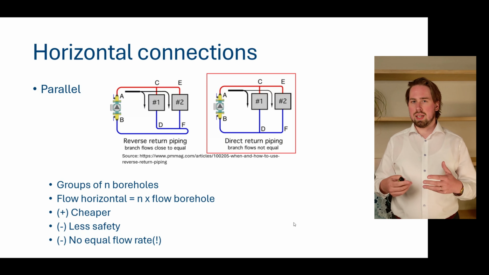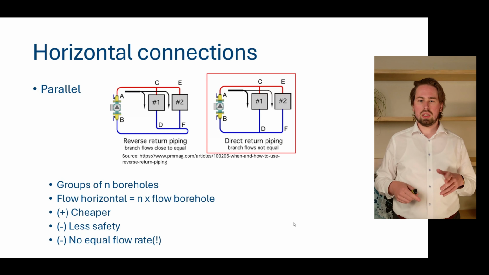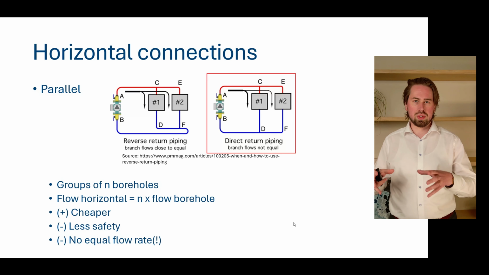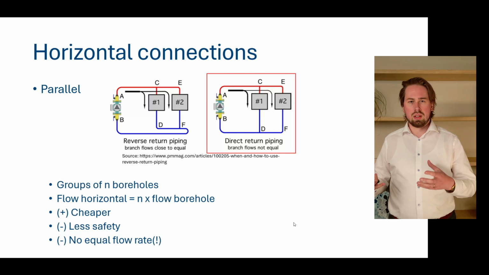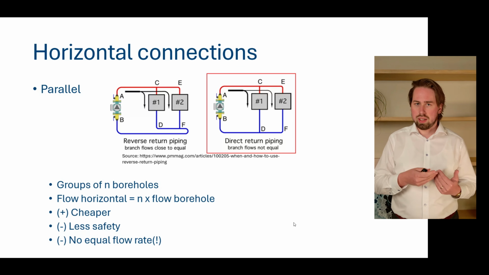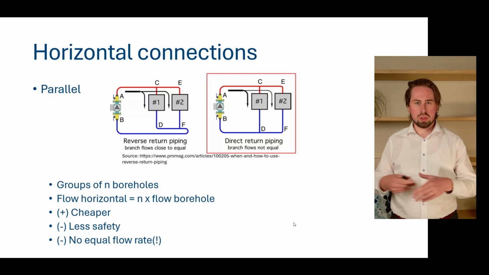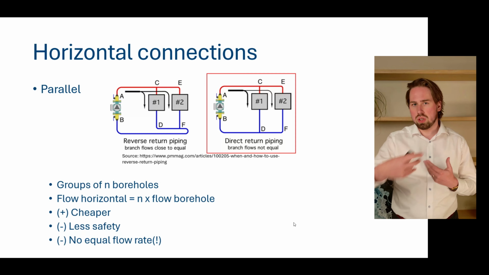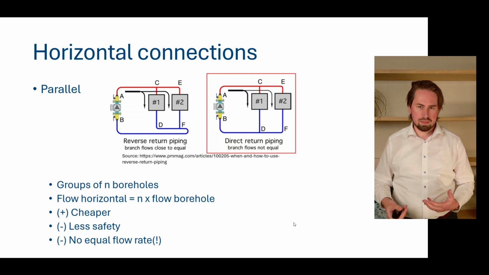So the flow through a horizontal connection is the flow through each borehole multiplied by the number of boreholes in one particular group. As with the direct connection, the flow rate through each borehole still remains the same, but it's the flow in the horizontal connection, and so its pressure drop, that will increase.